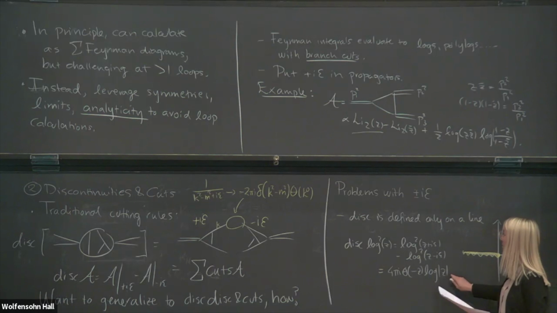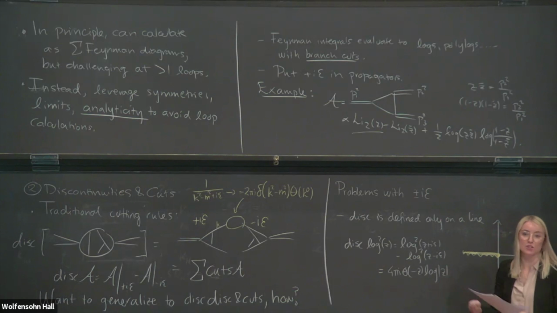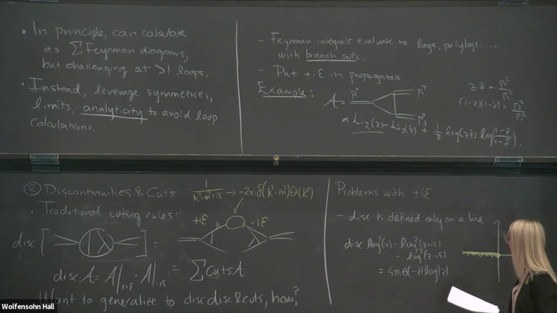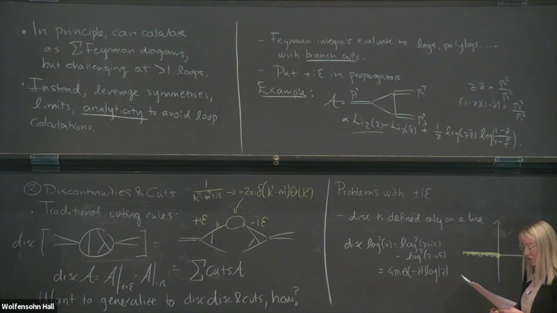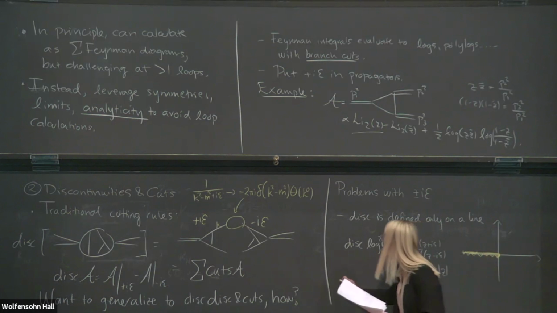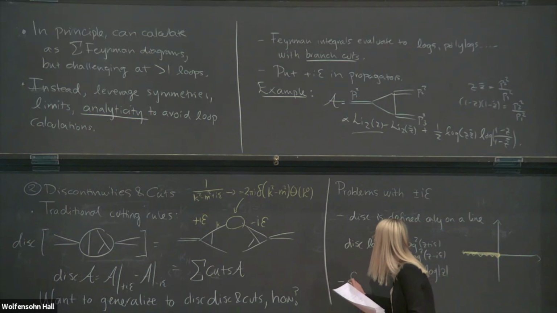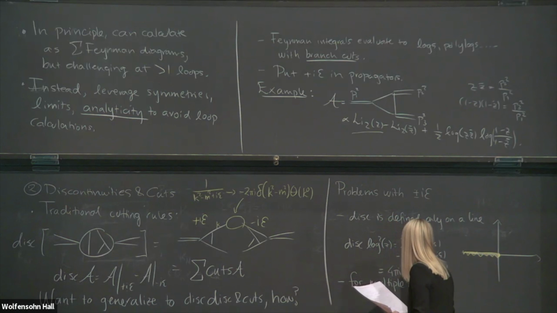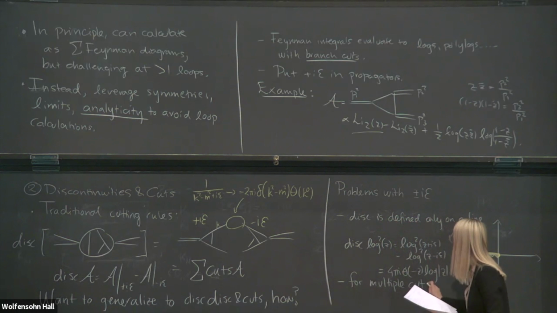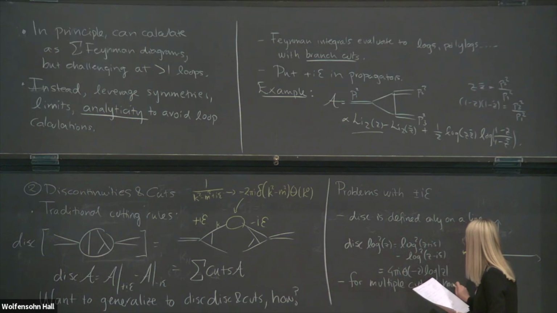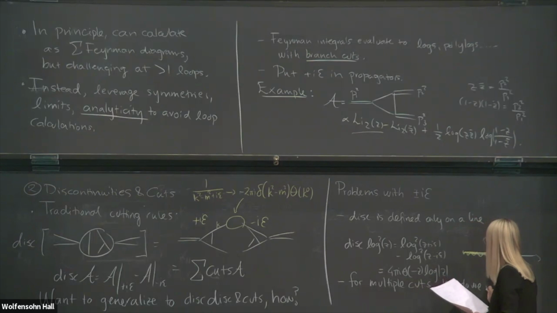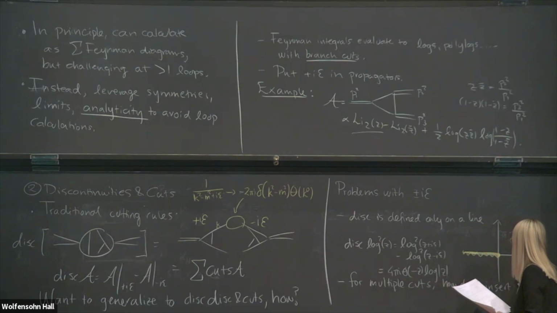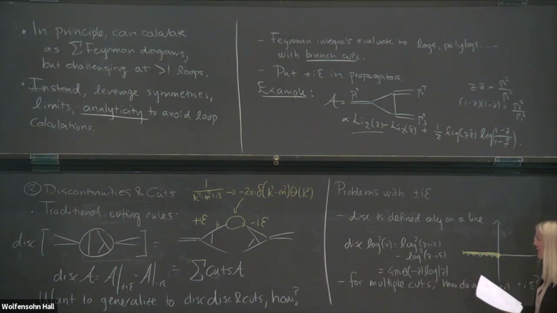Yeah, so as I said, it's not clear at all how to insert iε's back into this expression in order to be able to take sequential discontinuities. And again, if we want to relate sequential discontinuities to multiple cuts, how do we insert the plus and minus iε's into the cuts?